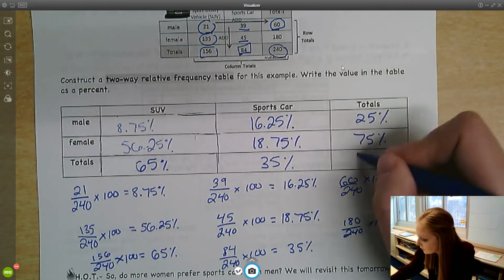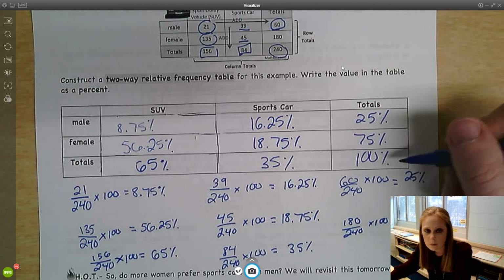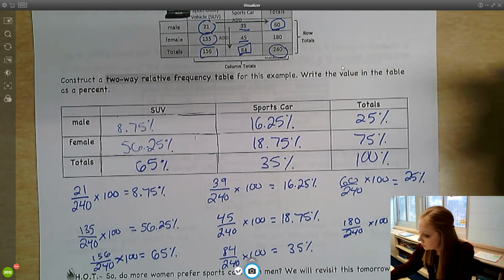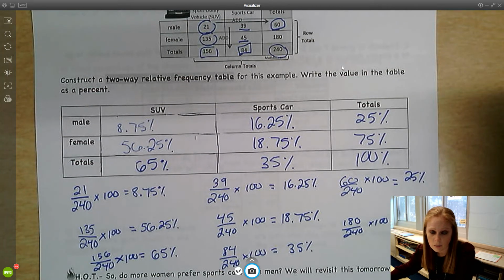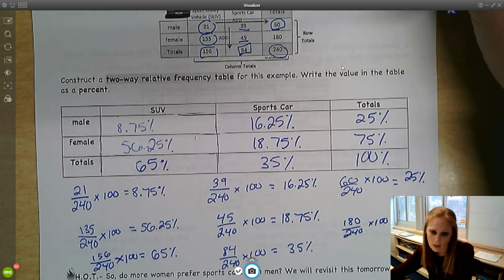Now notice 25% plus 75% makes 100, which is 100% of the people of the survey, which makes sense. Percents are out of 100. So our relative frequency tables will always have that total percent of 100 in the bottom right-hand corner. And if you add 65% and 35%, you would also get 100.